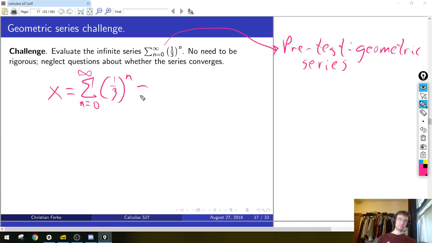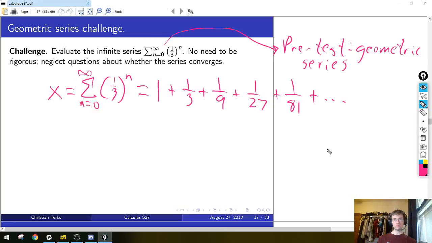So if you do that, simply writing this out by plugging in each of the values for the index: 1/3 to the power 0 is 1, 1/3 to the power 1 is 1/3, 1/3 to the power 2 is 1/9, plus 1/27 plus 1/81, and apparently we're supposed to keep adding forever, add up infinitely many of these.